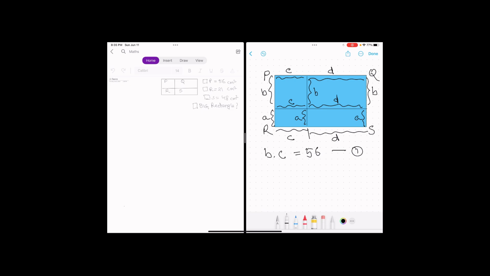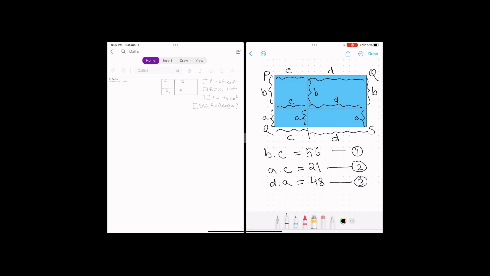Area of rectangle R is length into the width, which is A into C, which is equal to 21. And area of rectangle S is 48 square units. S is length into width, which is A into D, equal to 48.